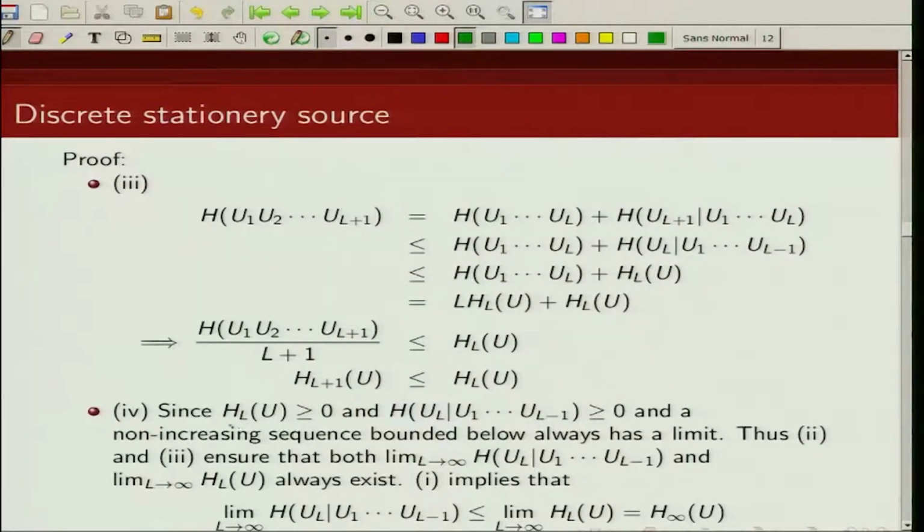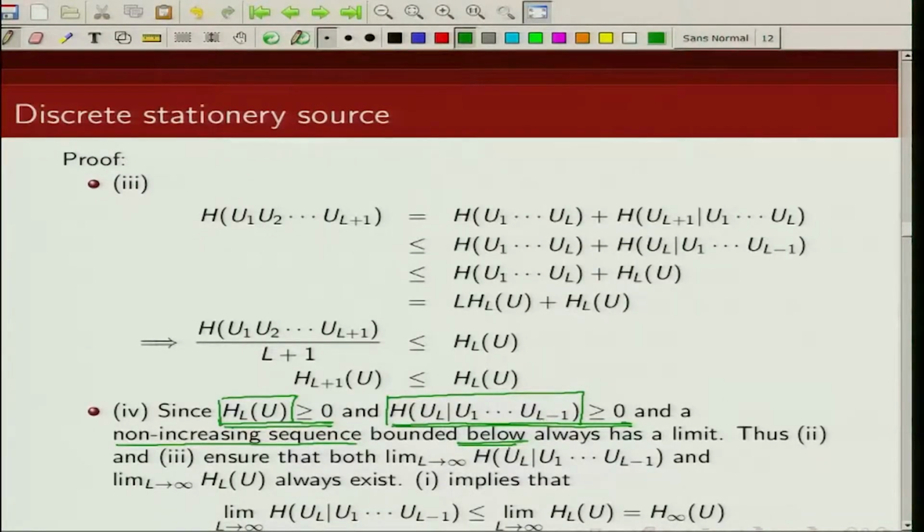Now we know that this is greater than or equal to 0 and this term is also greater than or equal to 0. So we have a non-increasing sequence which is bounded below, because these are greater than or equal to 0.